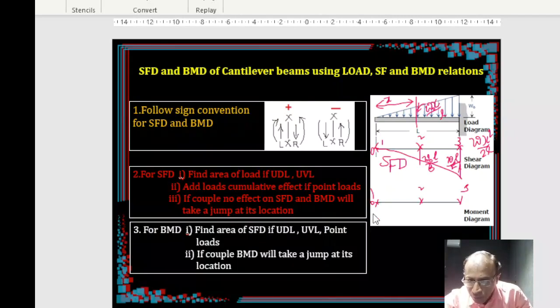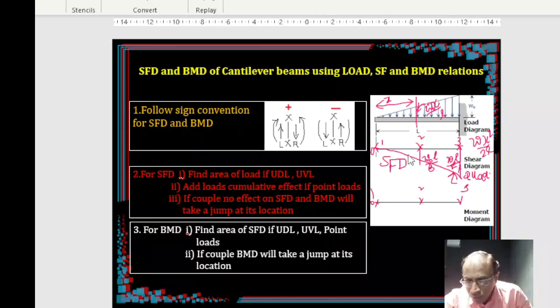We are moving from left to right, remember. When you want the ordinate here, on the left side up to that point, you will find the area. This is not linear, by the way. This is a quadratic equation we just now told. Don't mistakenly take it as a linear relation. It's a quadratic variation, a quadratic function.